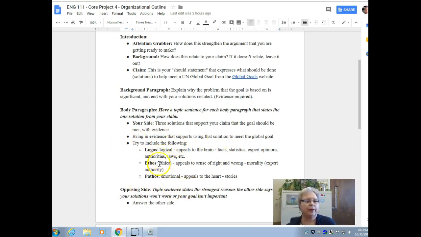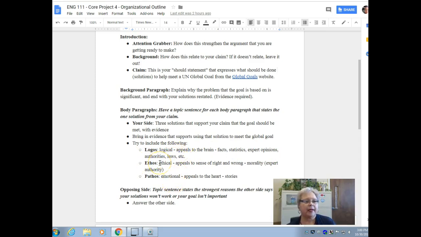Try to include in your body paragraphs logos argument, which is logical, appeals to the brain, facts, statistics, an expert opinion, authorities, laws that back it up, that sort of thing.